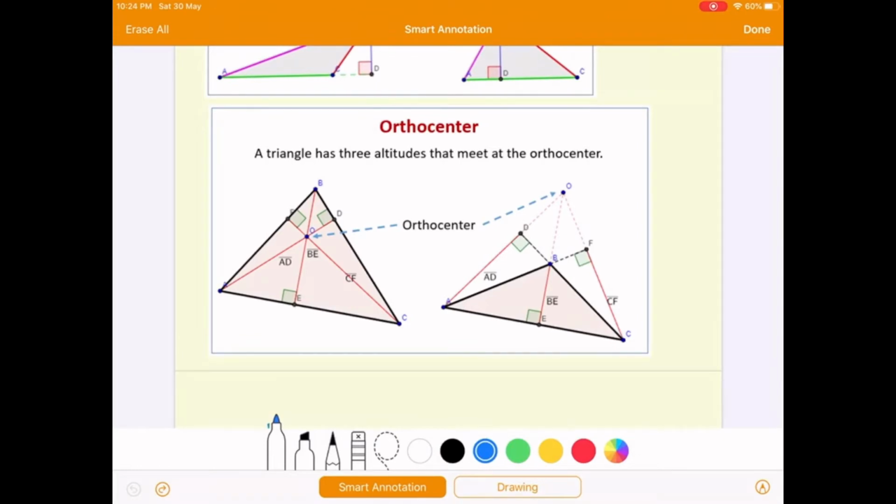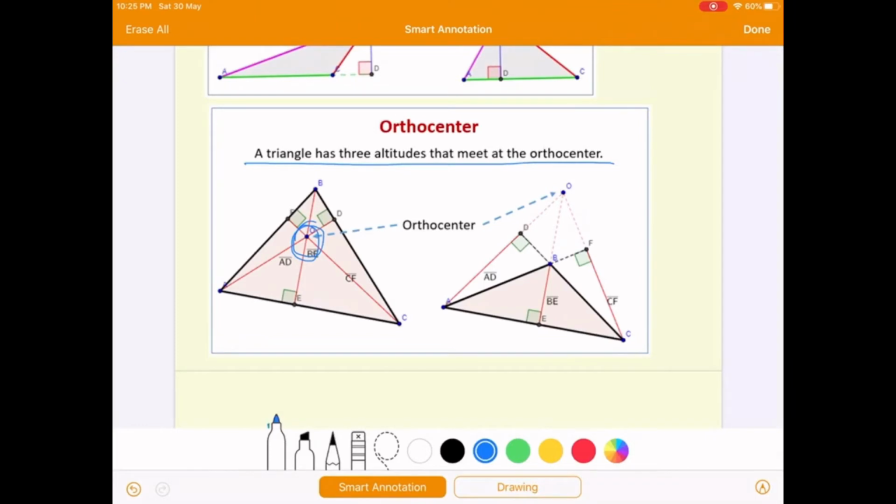So when these 3 altitudes in a triangle meet at a certain point, they are called the orthocenter. Here you can see a triangle has 3 altitudes that meet at the orthocenter. The point of meeting is called an orthocenter.